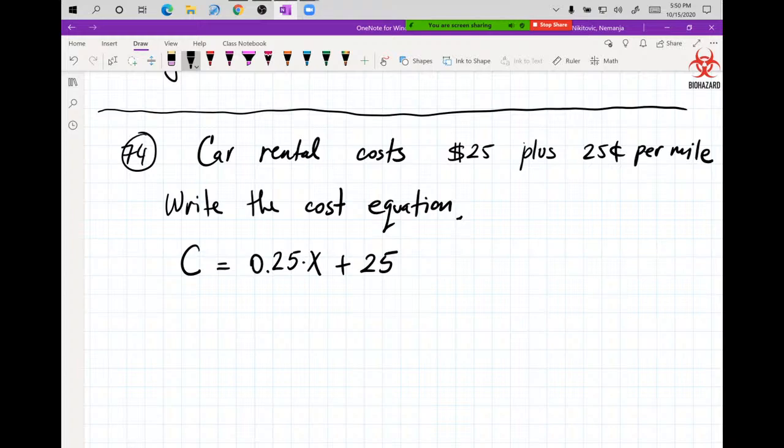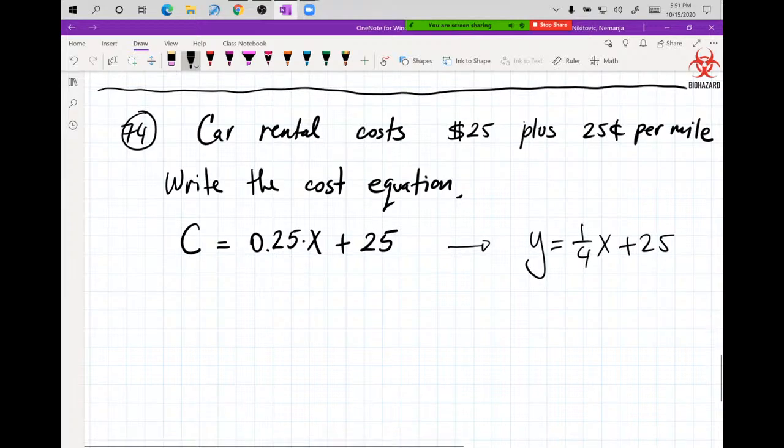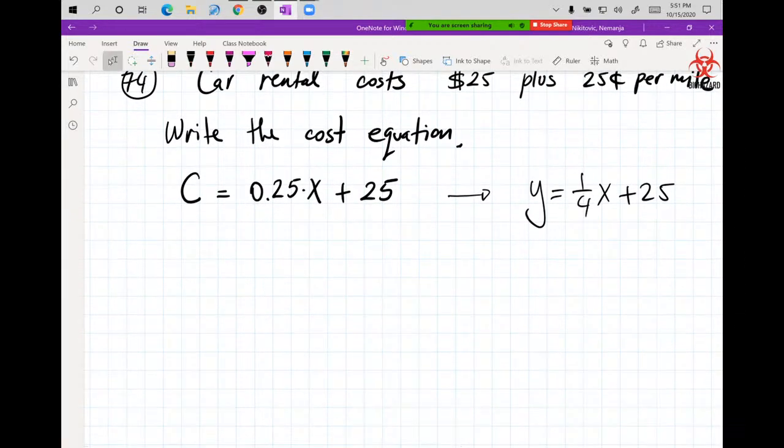So technically this equation here is Y equals 1/4 X plus 25. So technically this is the equation, because your 0.25, right, 25 cents, that's $0.25. And you do want a fraction there, so you have your rise over run, so you can easily graph this thing. So now we can come up with a graph, and this is what I said earlier, right?